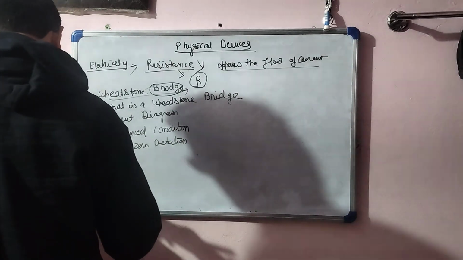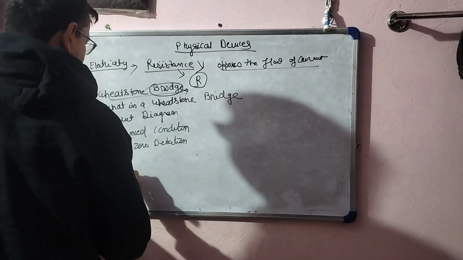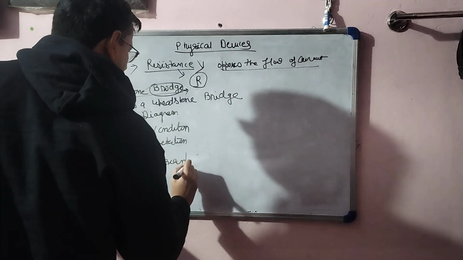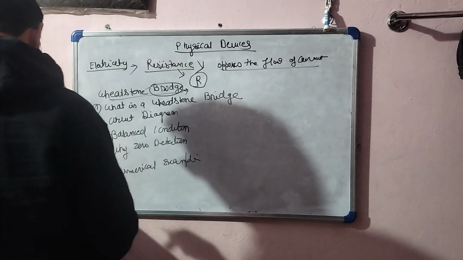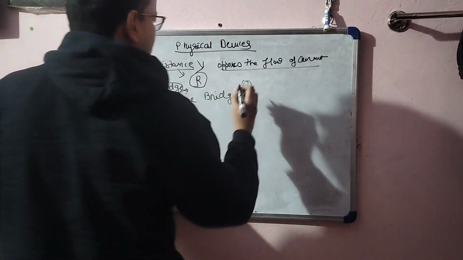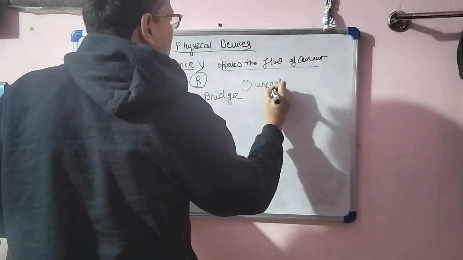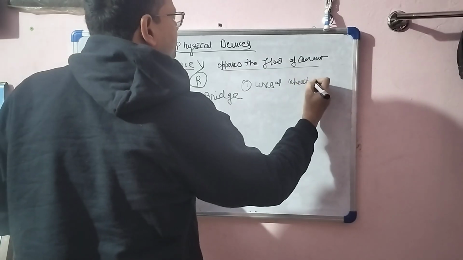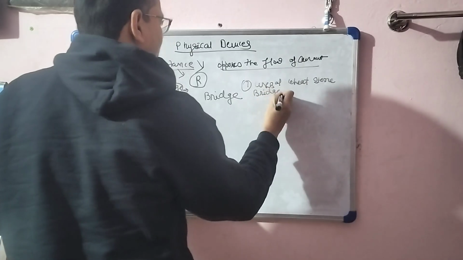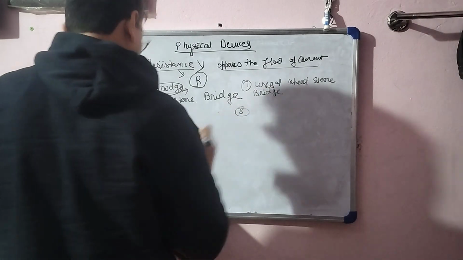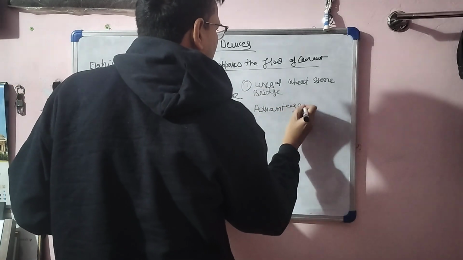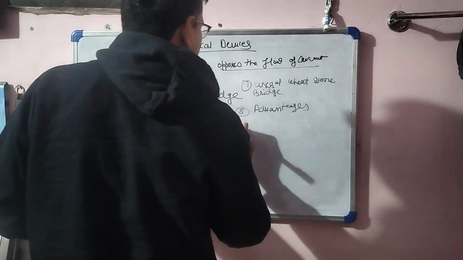Six is numerical example. Seven is uses of Wheatstone Bridge. Eight, advantages. Nine is limitation.